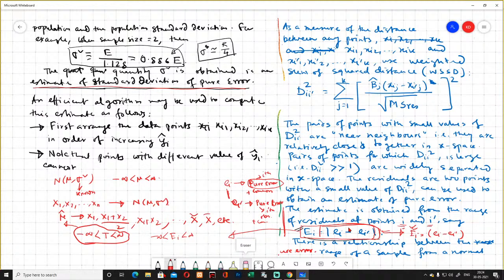Subhrajit, am I right? If I am right, I'm telling you, here error considers only absolute value. Pure error is absolute value.